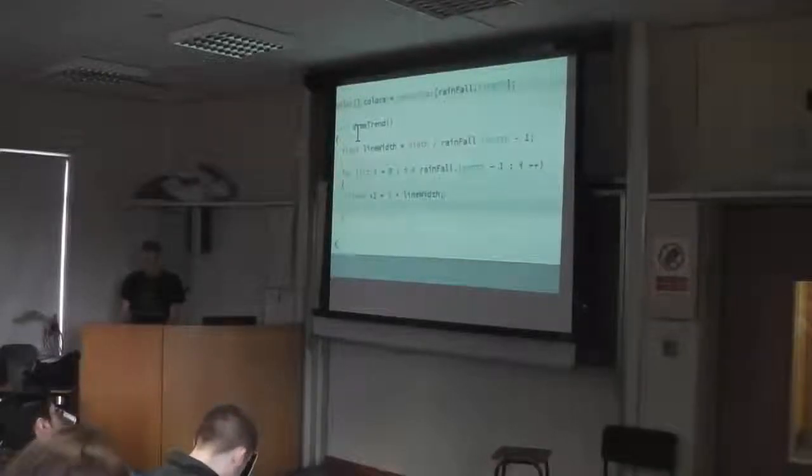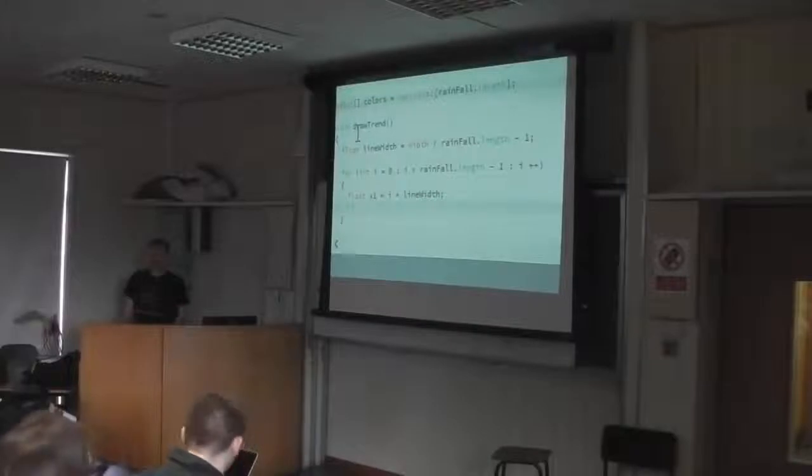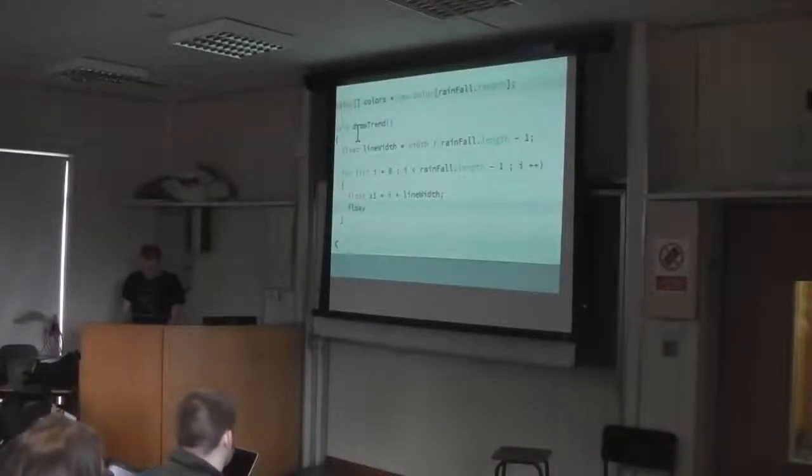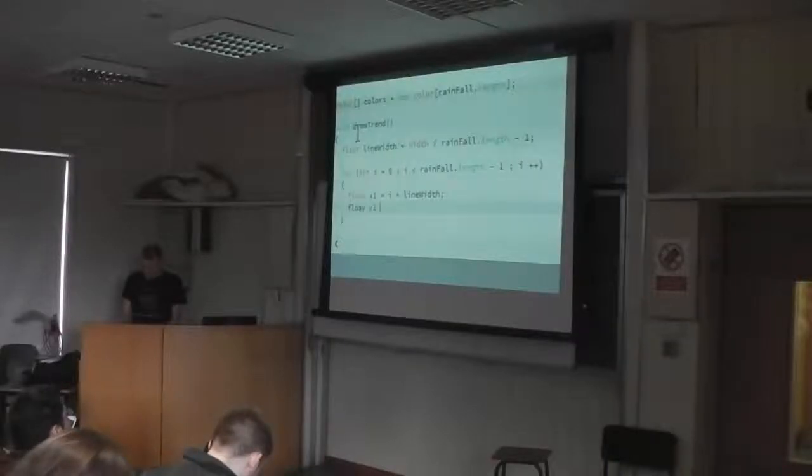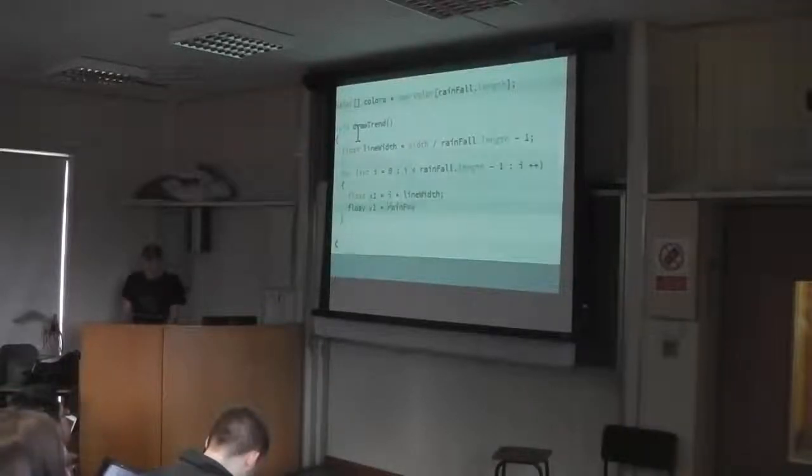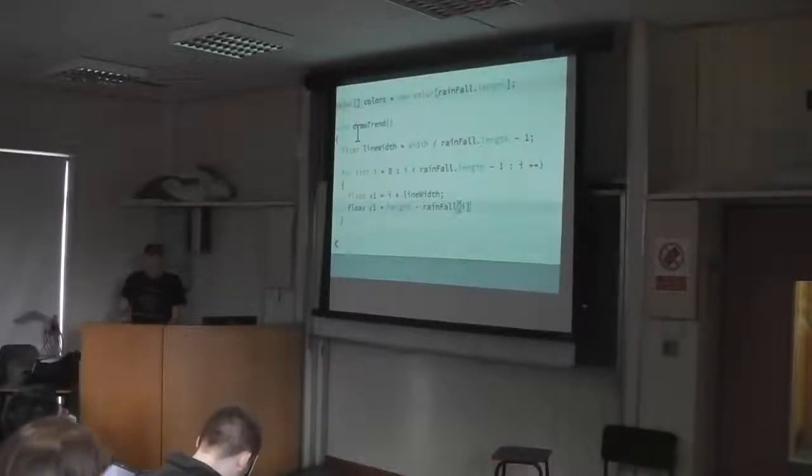Yeah, so that gives me my x1 value. It's just how far over I am multiplied by the width of every line. My y1 value is going to be the height of the screen, minus rainfall at position i. We won't do any scaling. We'll add the scaling in afterwards, right?